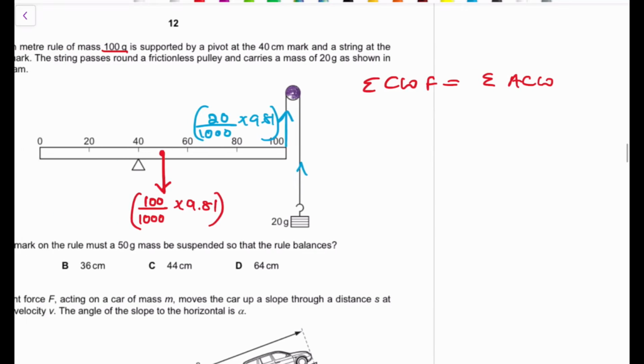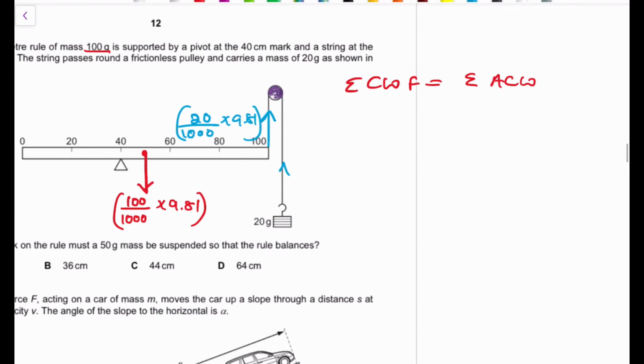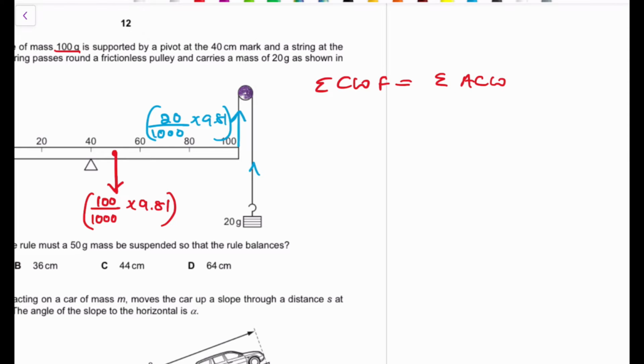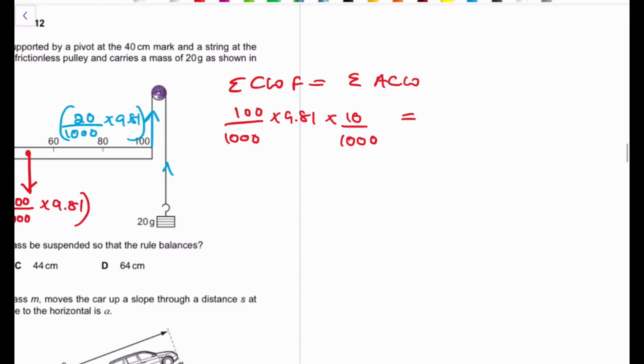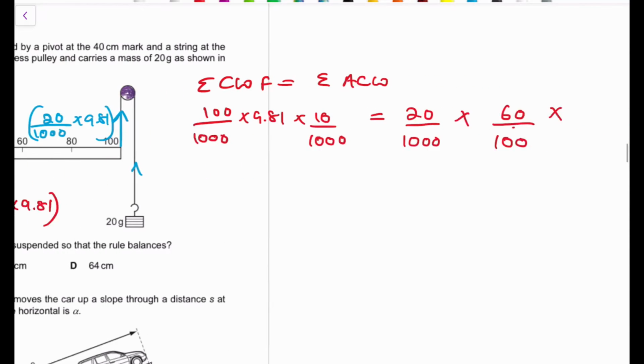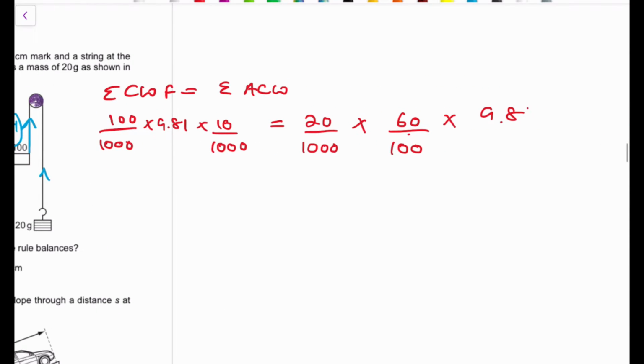So for the clockwise forces, what are we going to have? We have this force acting down times a distance of 10, so 100 over 1000 times 9.81 times 10 over 100. On the other side, we're going to have 20 over 1000 times the distance, which is 60 over 100, times 9.81.